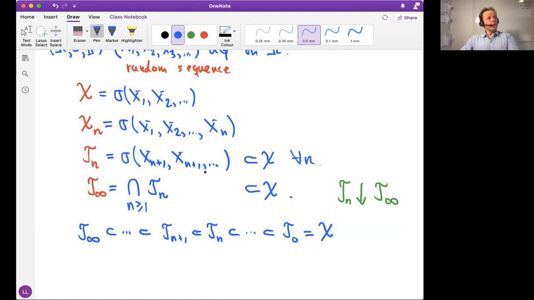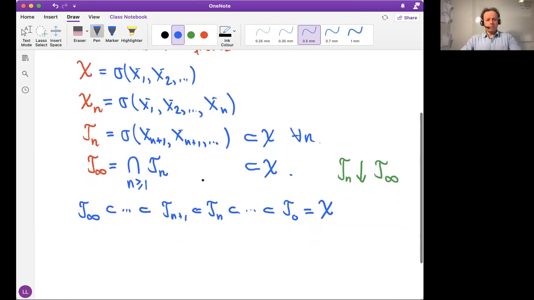Also, we can do another inclusion. What do we know about Xn? That's the smallest sigma algebra that makes the first n variables measurable. If we have a sigma algebra which makes the first n plus 1 random variables measurable, then Xn is a smaller one compared to this one.